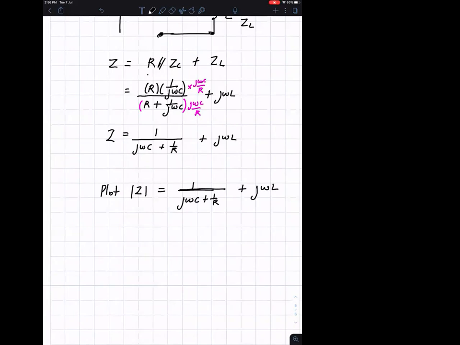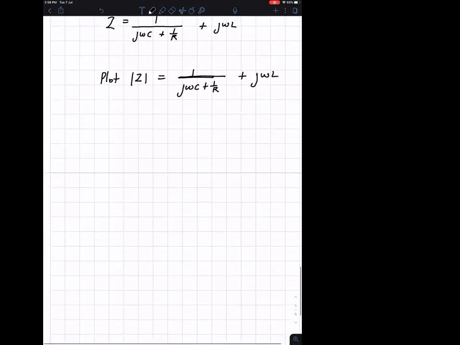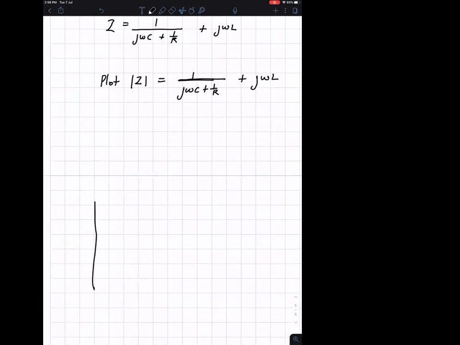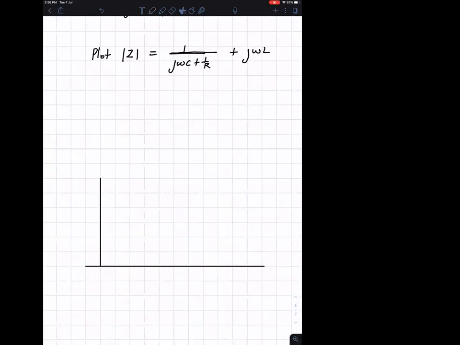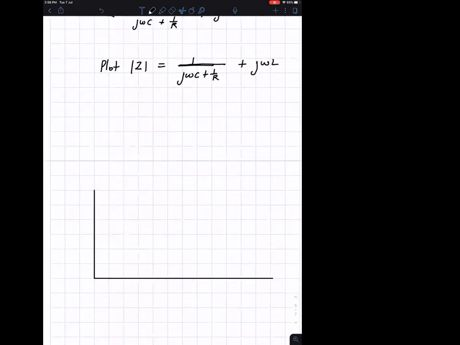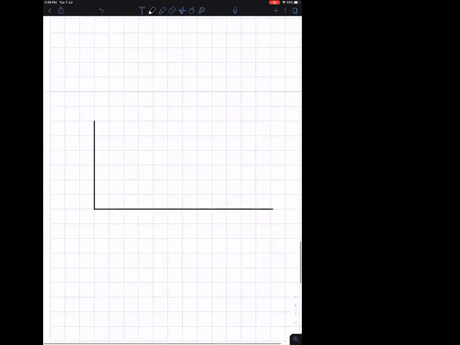At low frequency, we're going to start from low frequency, and then you move on to higher frequencies and see what's going to happen to this magnitude.